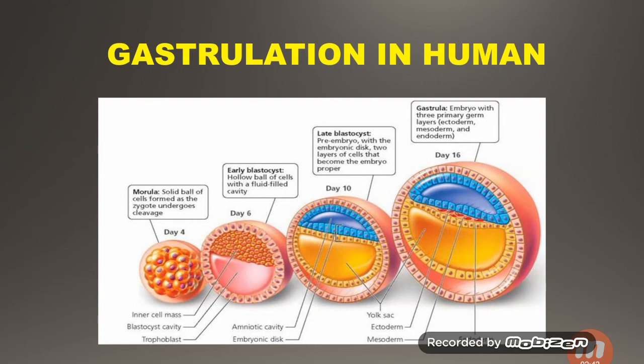Throughout the third week of the development, the bilaminar disc differentiated into the primary germ layers in a process known as gastrulation. And around 15 days after fertilization, this process of differentiation of the primary layers has been completed.